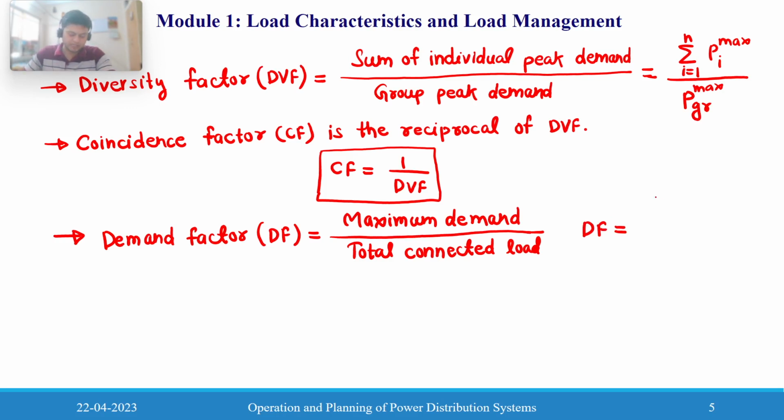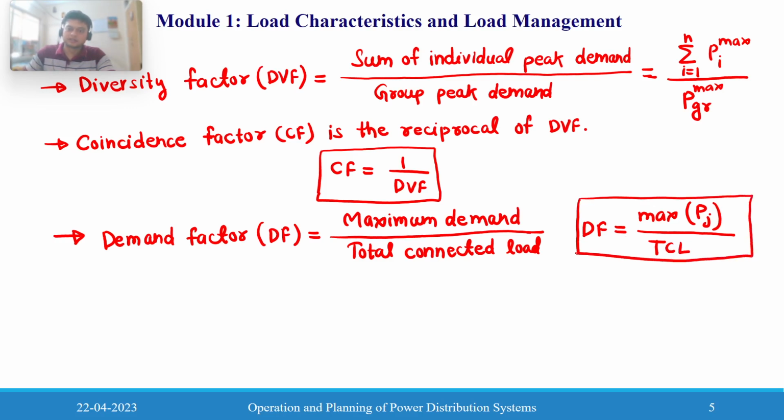Maximum demand, we can say maximum of Pj, divided by total connected load, let us take it as TCL. So this is the demand factor.